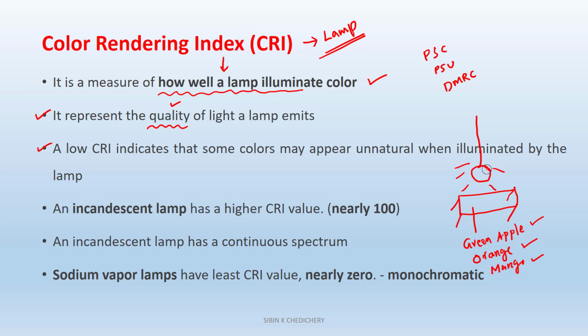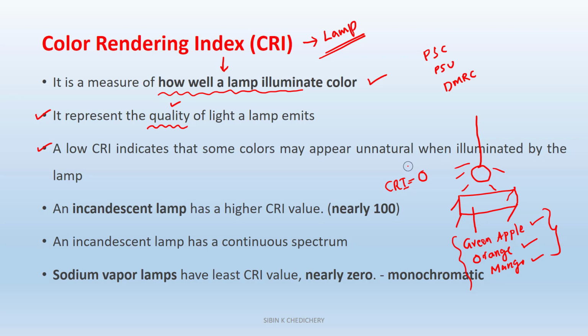Suppose you take a lamp with a low CRI value, say the CRI value is 0. Then we cannot identify the real color of these objects. If we take a lamp with a CRI value of 0, we cannot identify the real colors.